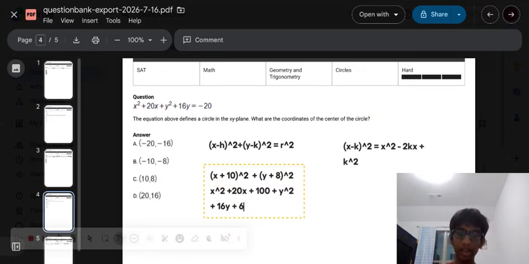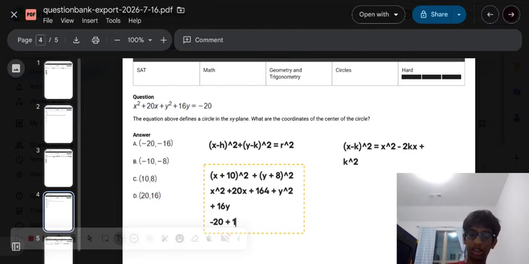So that means that we have added a total of 164 to here, which we don't need, right? If you look here, this is virtually identical to the left side of our equation, except it has a plus 164. So if x² + 20x + y² + 16y is equal to negative 20, that means we're left with negative 20 plus 164.